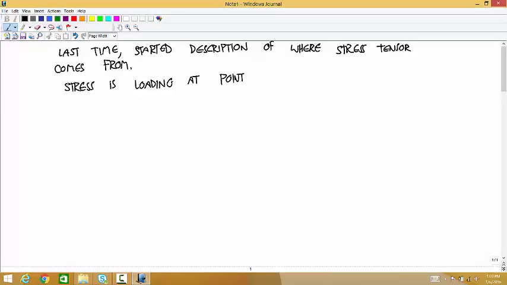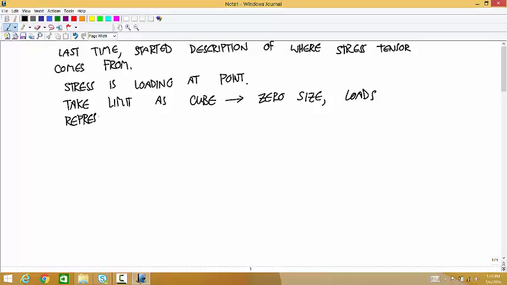And so, if you take the limit as the cube approaches 0 size, the loads can be represented by a vector of force per area on each face.